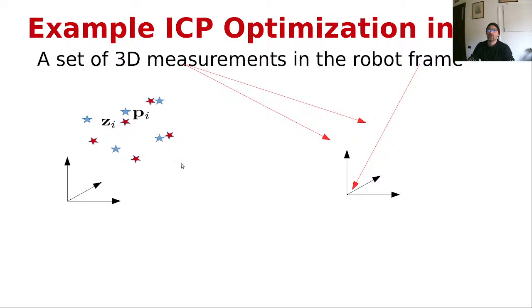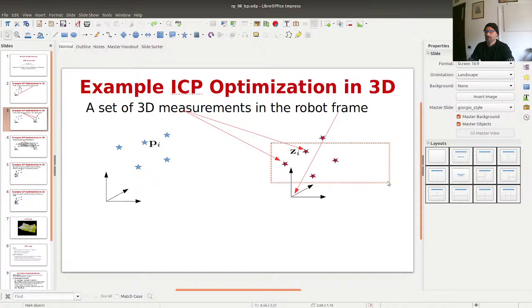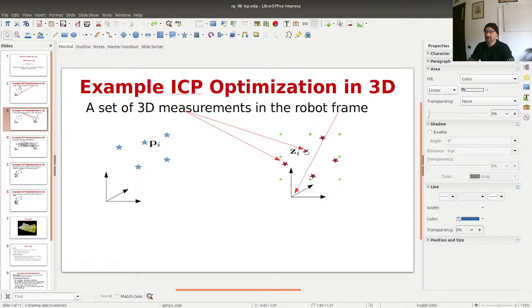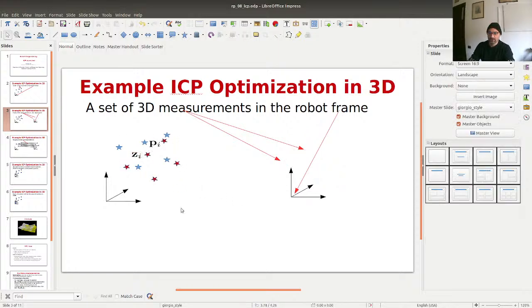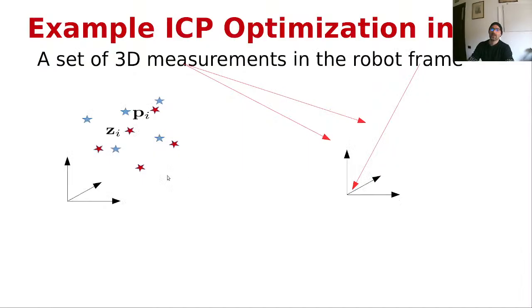Is that clear? So now we can imagine a situation like that. Let me try. But we have a situation like that. Move it here, right? Now, if we start from a situation like that, how the algorithm will evolve is: this point is assigned to this point, this to this point, presumably this to this point, this to this, and this point is assigned to nothing because maybe it's too far, right?